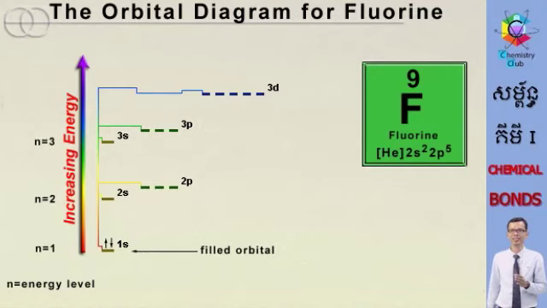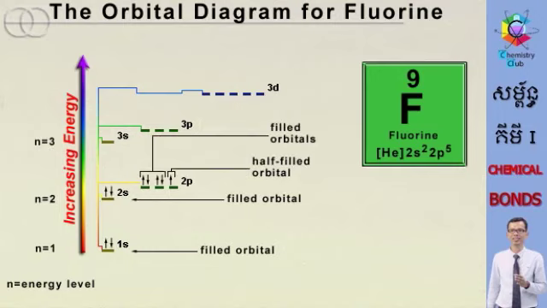Therefore, the next 2 electrons fill the line for the 2s orbital. The remaining 5 electrons fill the next higher orbitals, 2p. These electrons fill each orbital one at a time, before a second electron is added to any orbital. This results in a diagram with 2 filled 2p orbitals and 1 half-filled p orbital.